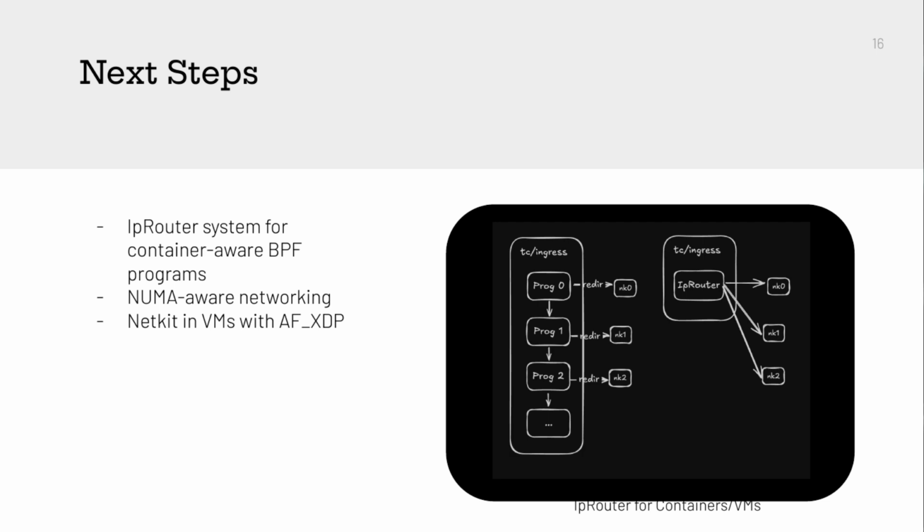So at the moment, we're working on this IP router system, which would replace all of that with a single BPF program that just has the map of all of the containers on the system, and it just knows where to route that traffic. Another thing that we're working on is NUMA-aware networking. When we have these containers running on the host, for performance reasons, it's very beneficial if we can keep all of the networking in the same NUMA node.